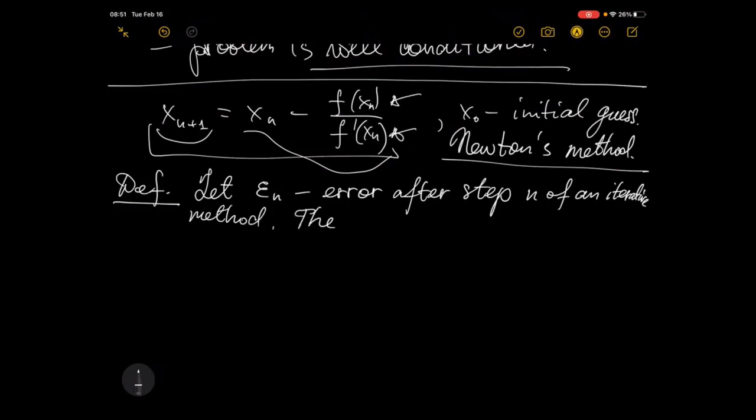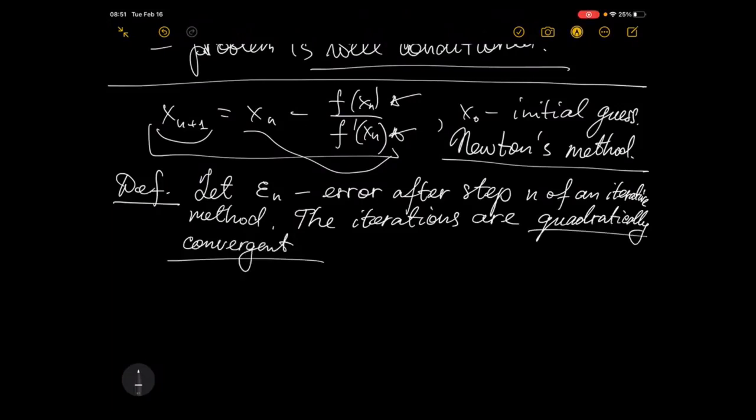The iterations are quadratically convergent if the limit of epsilon_{n+1} over epsilon_n squared is some finite constant.